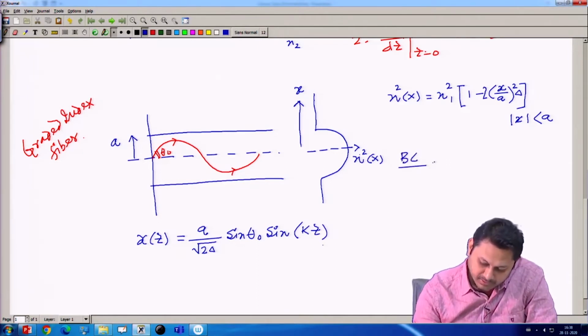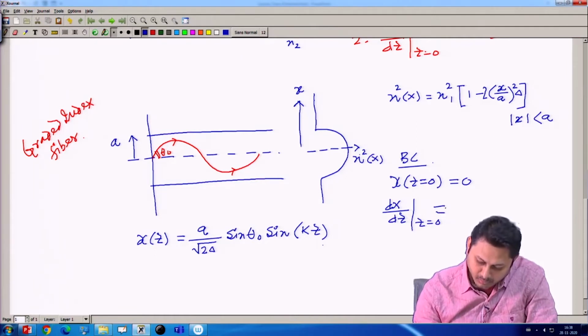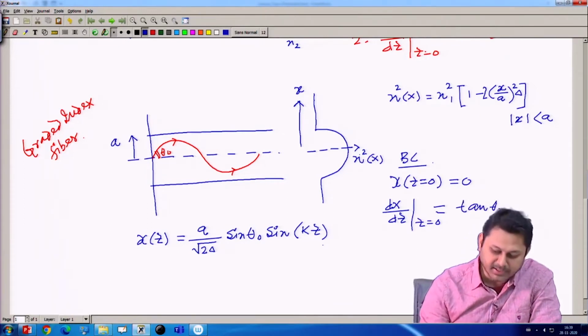Mind it, the boundary condition was the same: x at z equal to 0 is 0, and dx dz at z equal to 0 was tan theta 0, depending on the initial launching angle theta 0.